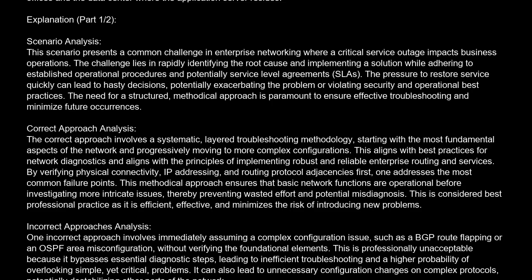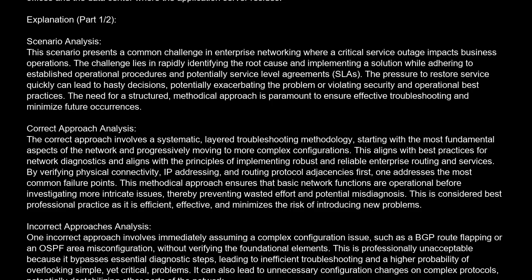The pressure to restore service quickly can lead to hasty decisions, potentially exacerbating the problem or violating security and operational best practices. The need for a structured, methodical approach is paramount to ensure effective troubleshooting and minimize future occurrences. Correct approach analysis. The correct approach involves a systematic, layered troubleshooting methodology, starting with the most fundamental aspects of the network and progressively moving to more complex configurations.